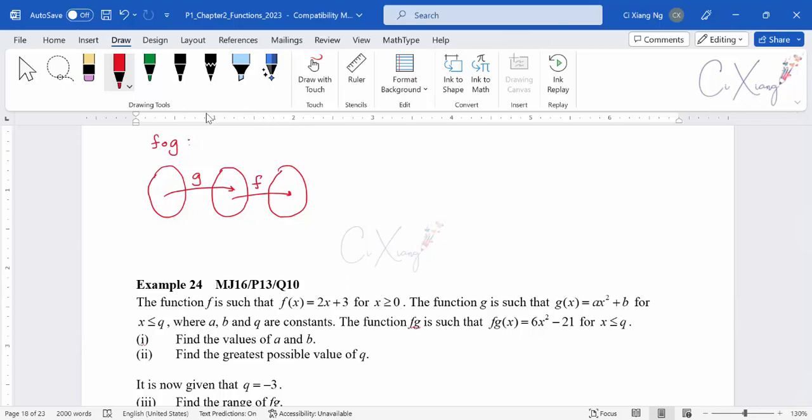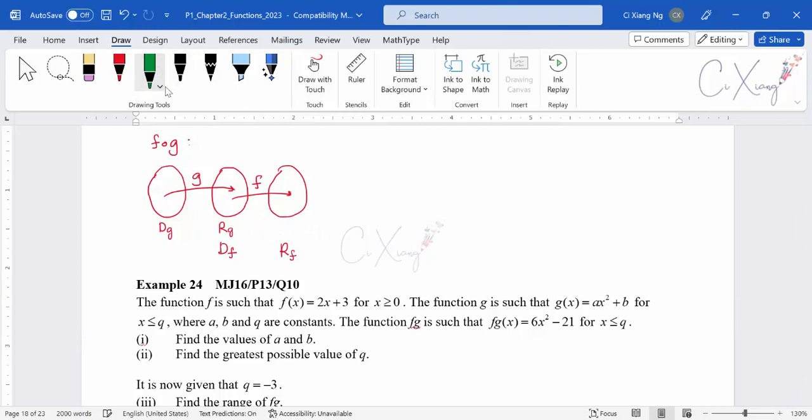I did show you earlier in the previous video that the first circle is the domain of g, if you look purely at the g function. And this second circle will be the range of g. At the same time, for the function f, this second circle is the domain of f, and the last circle will be the range of f.